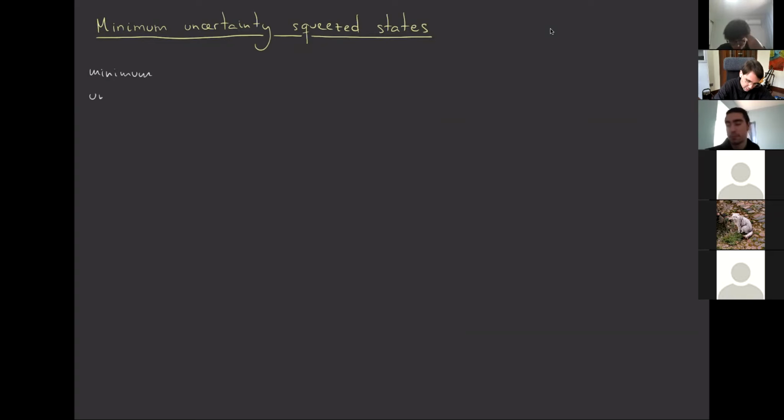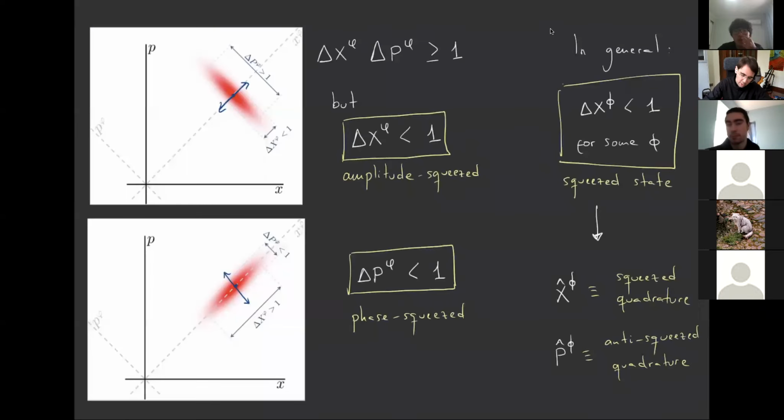Is the squeezed state always Gaussian? No, that's very important. That's a very good question. In principle, whenever you have this condition, you can call it a squeezed state, and you can use it for measuring beyond the shot noise limit in an experiment and so on.